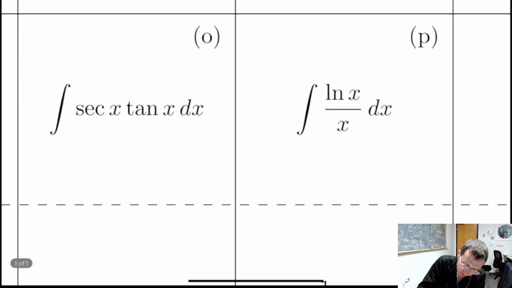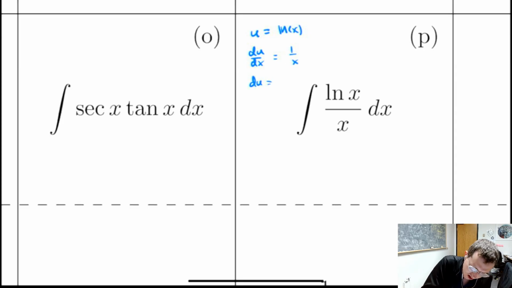Okay, so that leaves method number 3. Do I see a function and its derivative? I see an ln of x. What's the derivative of ln of x? It's 1 over x. Yeah, 1 over x, an x in the denominator. u equals ln of x is going to be the substitution that gets the job done.